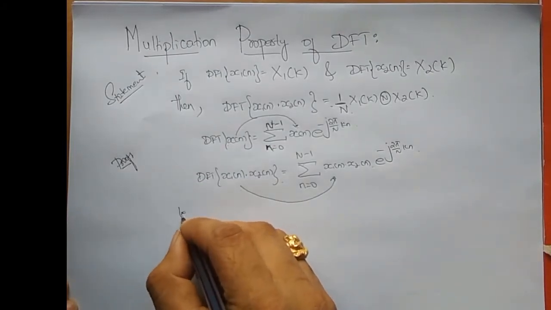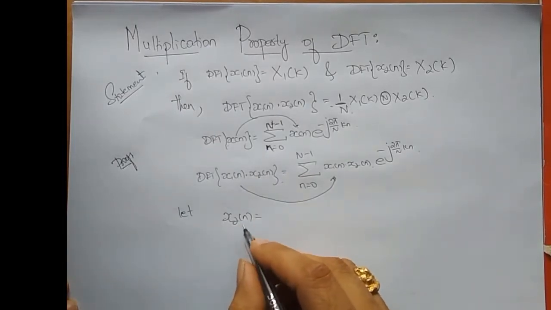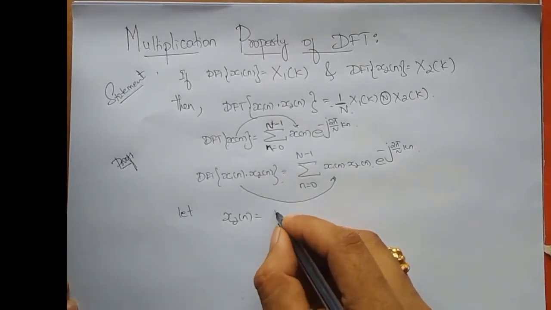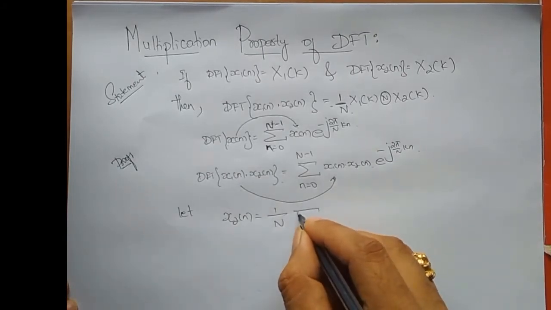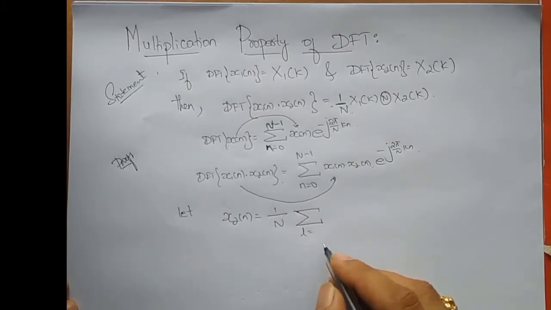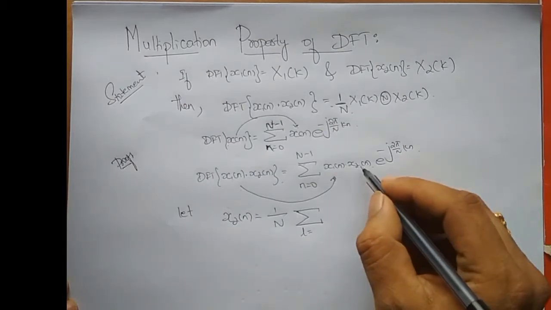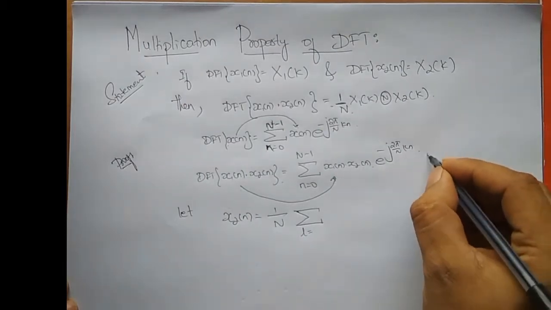So what we do is, let me define x2 of n. What is x2 of n in terms of the IDFT equation? It is 1 by N into summation. I'm not going to take k, but I'll take some other variable, L, because k has already been used, and later on I have to substitute this equation in equation 1.